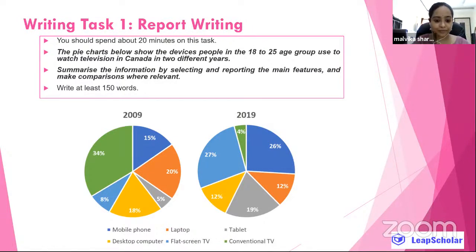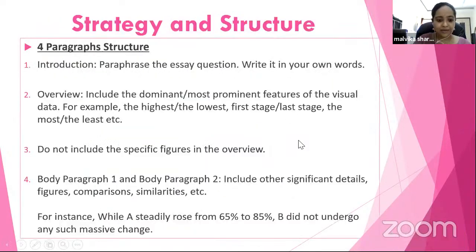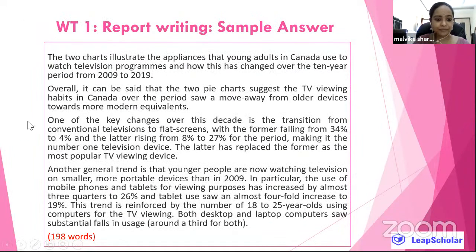Got it? Okay. So let's go back to the answer. So that is the reason I said move away from older devices towards, look at the language I'm using, towards more modern equivalents.